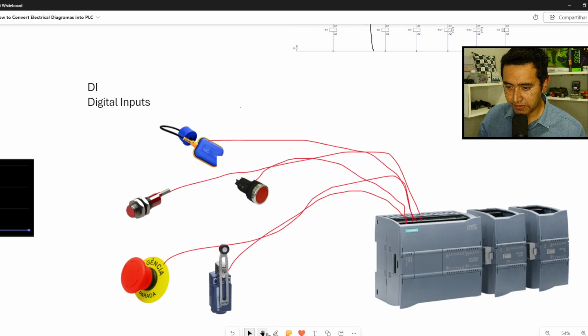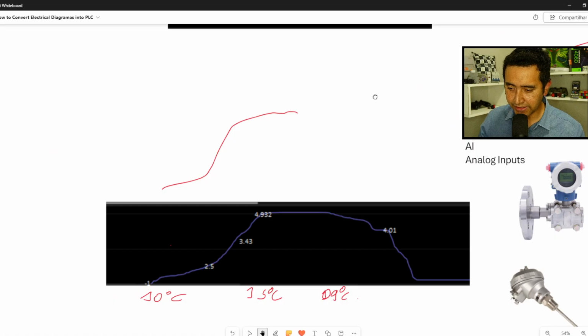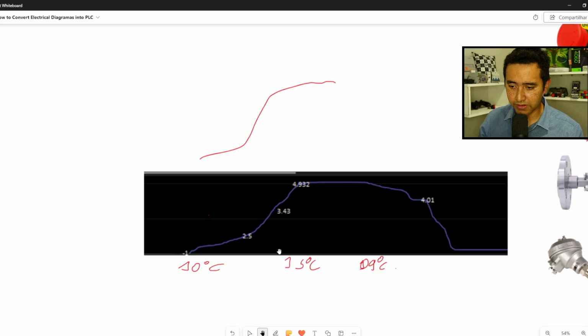Then after the DIs, or digital inputs, we have the analog signals. How does this work? It's simple to think about, but more complex to wire this type of signal, because it is tied to the kind of physical measure we are dealing with.